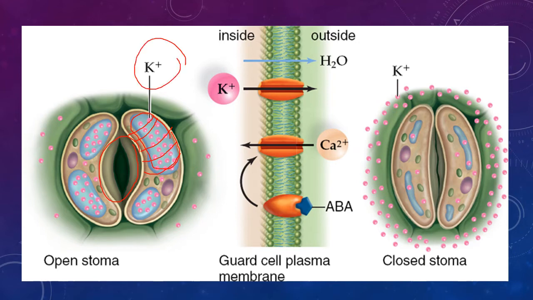Because the potassium ion channel is opened by the blue light photosensor, all of these potassium ions flow into the vacuole. And naturally, because of osmosis, water fills in to those vacuoles.